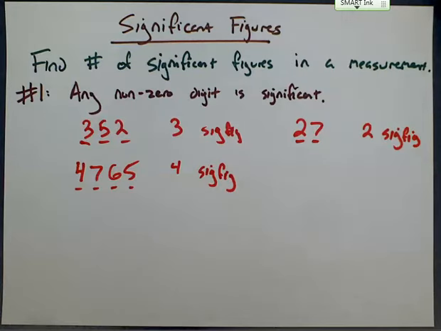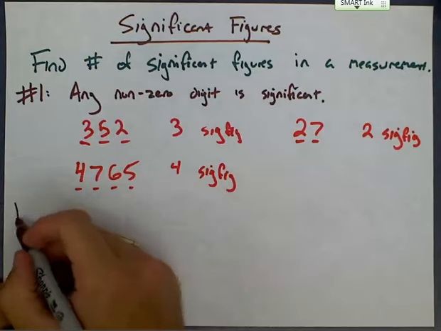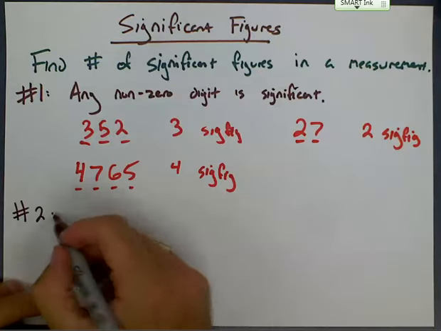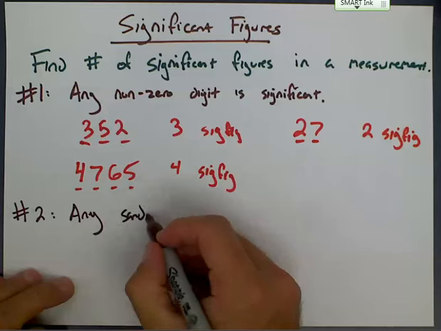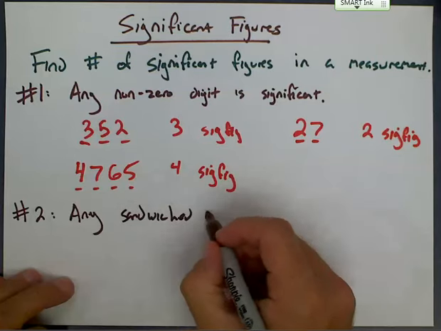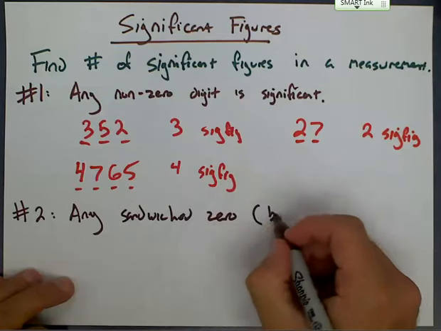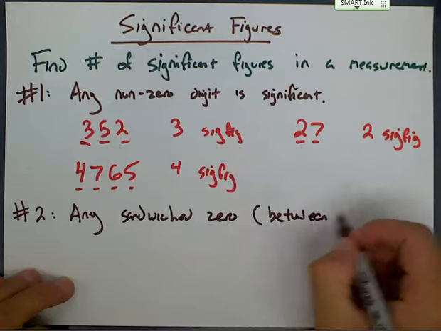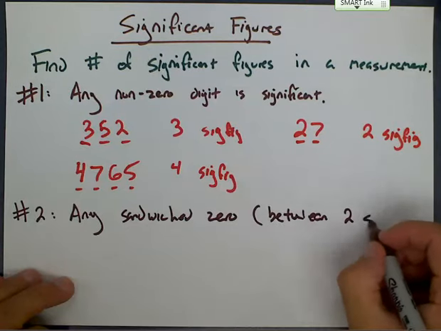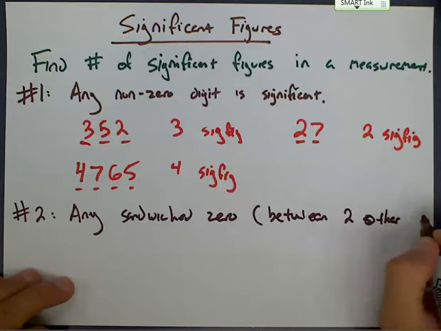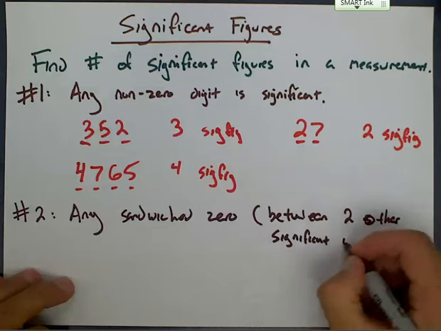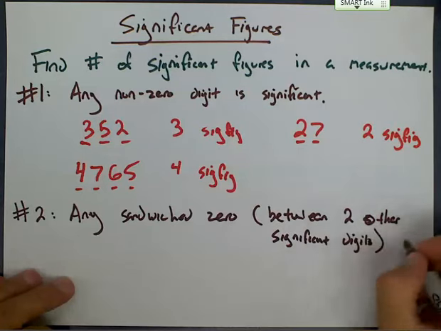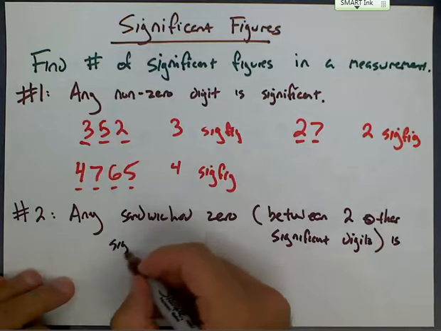Okay? The next one is probably the easiest of the rules to deal with zeros. Any sandwiched 0, which is between 2 other significant digits, is significant.